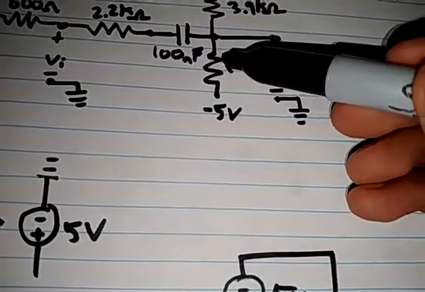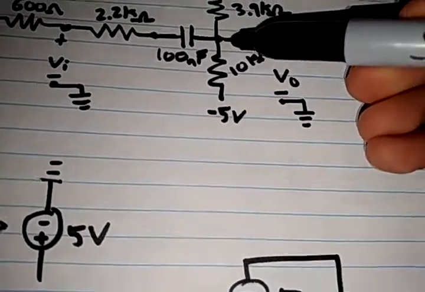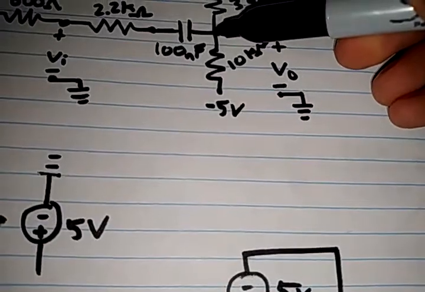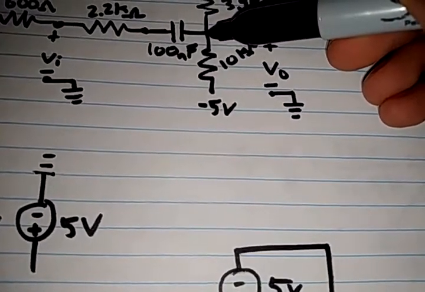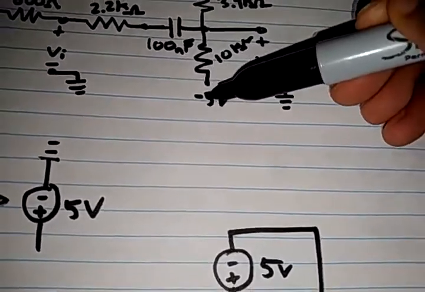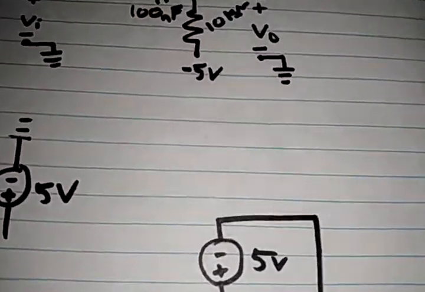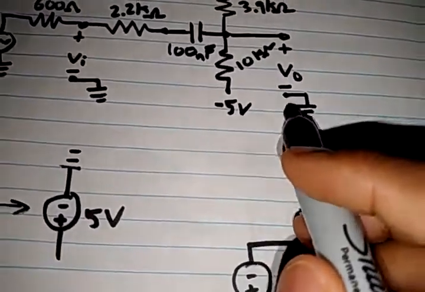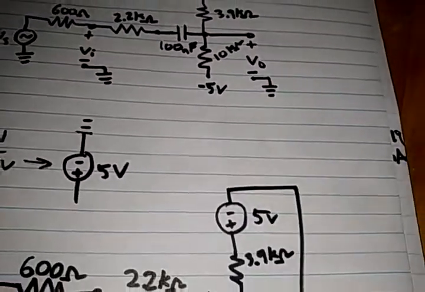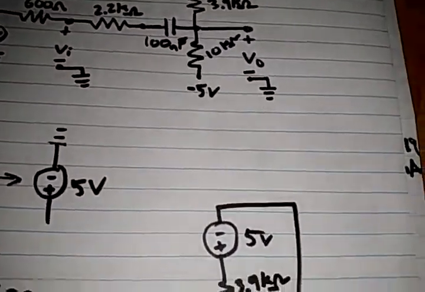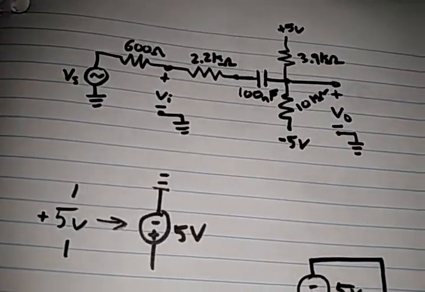If this is a 3 volts difference from here to here, and this is minus 5, then this must have been minus 2, because that drop of 3 volts across the resistor sent it to negative 5. So with respect to ground, if this is minus 2 volts, then V out would be minus 2 volts. And that should be it.